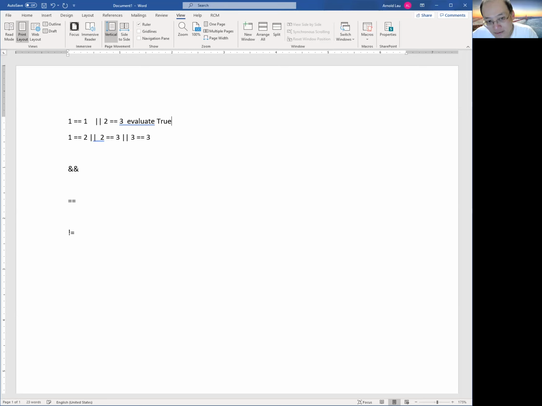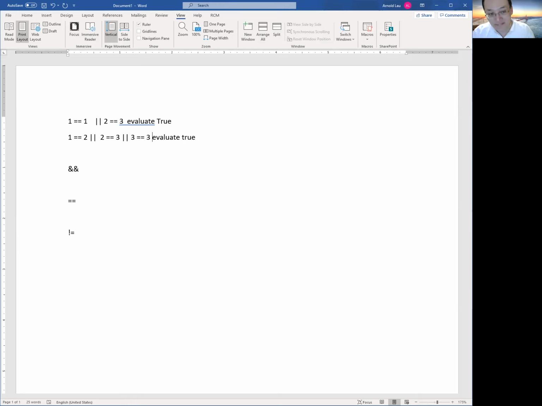If you evaluate the first one, you can't just say that evaluates to false and move on. Because of these ors, you only need one of those things to be true. In this case, the last thing, 3 equals 3, is true. So that evaluates to true for the whole thing. When you have multiple of these together, that's what you have to do.